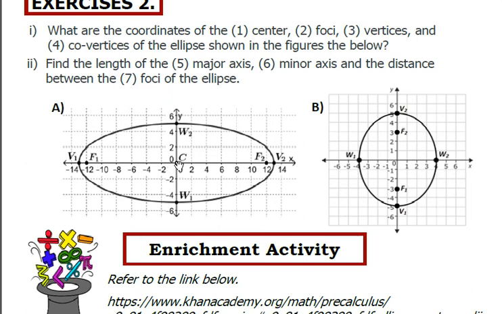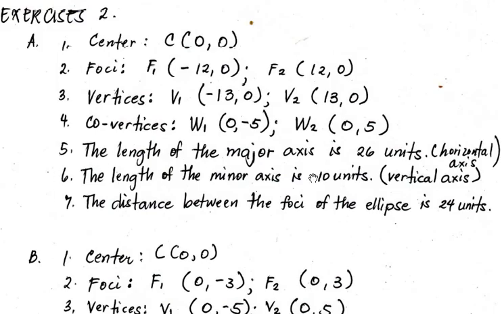So from the center going to V2, we have 13 units, and from the center going to the left, it's also 13 units. Sum up 13 plus 13, so the length of the major axis is 26 units. And it is on the horizontal axis, so this is considered a horizontal ellipse.